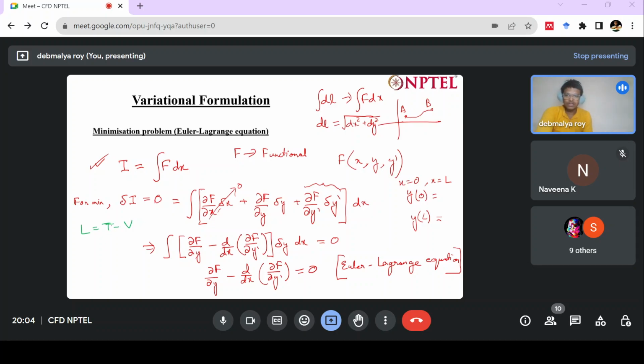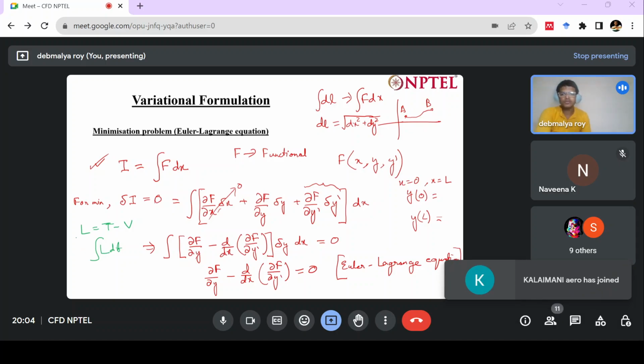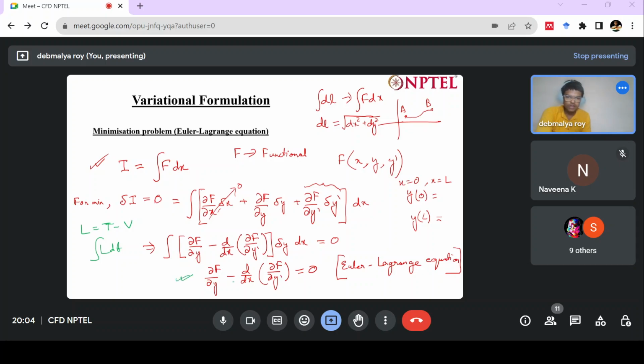There the independent variable is time, and we simply minimize this integration of L dt, and we come to this equation. You will have the same equation there also, where f is basically L, the Lagrangian of the system.